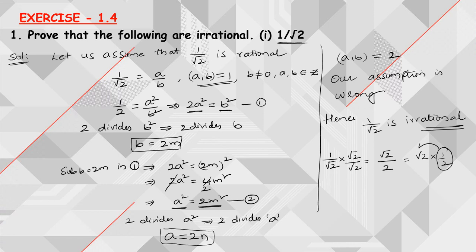We have already proved that root 2 is irrational. When a rational number is multiplied with an irrational number, and they should not be conjugates, you are going to get an irrational number. This you need to remember. So the product of those two, rational and irrational numbers, is an irrational number, right?